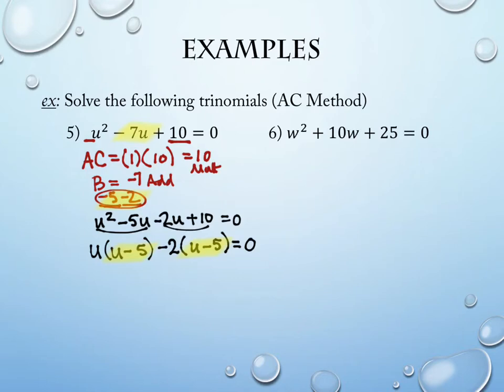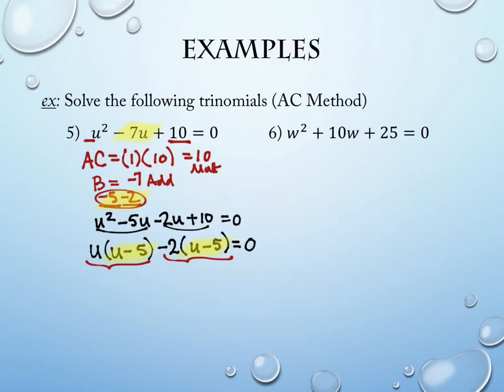Now, consider this whole thing and this whole thing. They have something in common, namely the part that's highlighted in yellow. Both of them have a u minus 5. So just like before where I pulled out the u and the negative 2, I'm going to pull out all of what they have in common, which is the u minus 5.